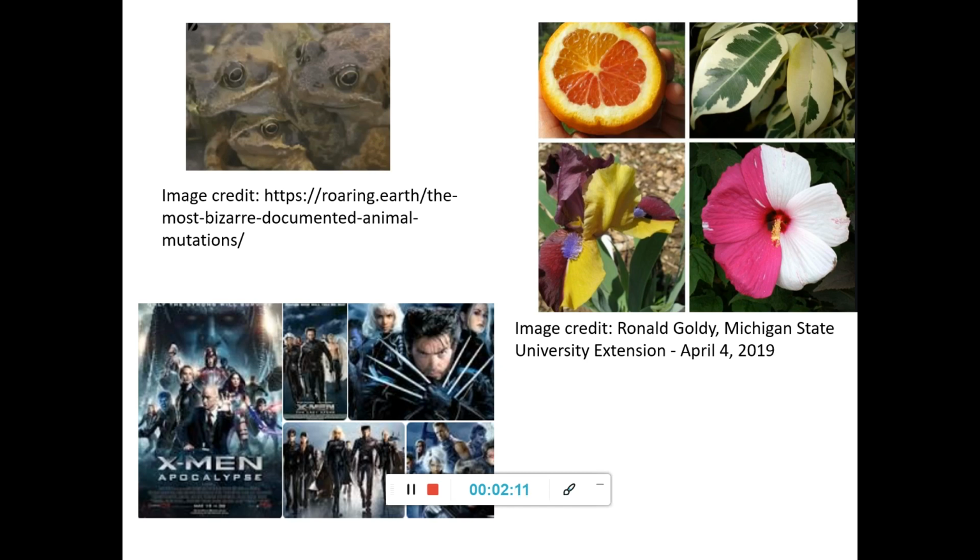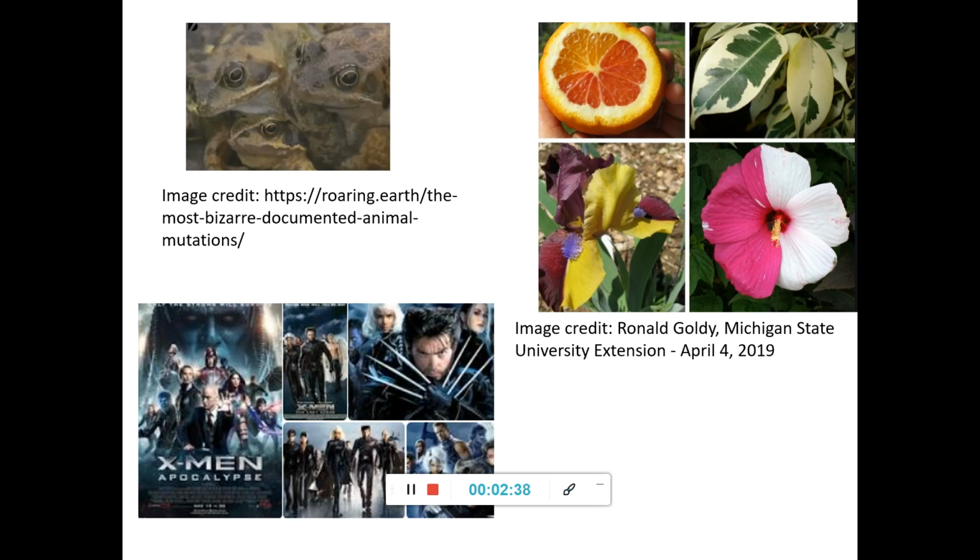There are different animals with different mutations possible. But at the same time, we should remember that not all animals have these mutations. Not all frogs are found to be three-headed. The occurrence of mutations is very rare, and it is mainly due to some rapid changes which occur during their development.